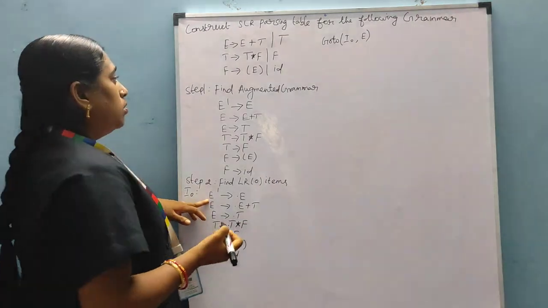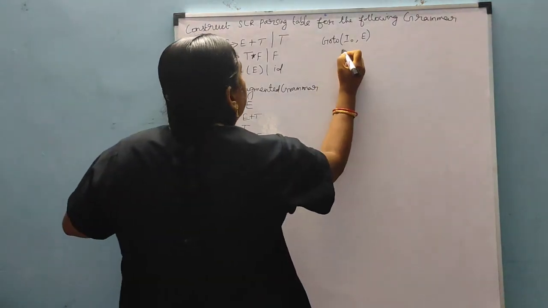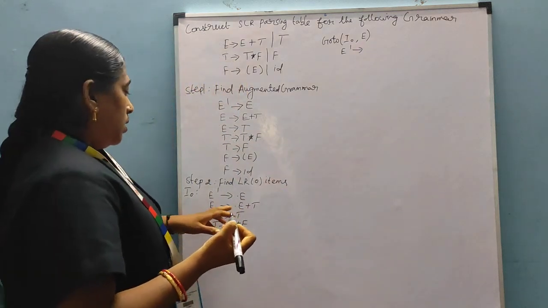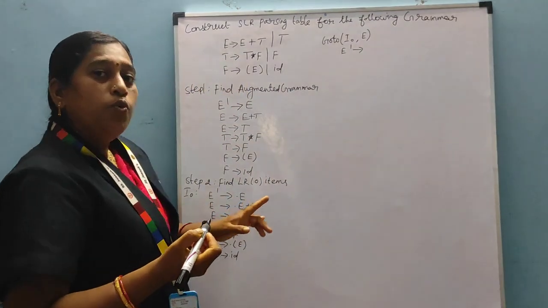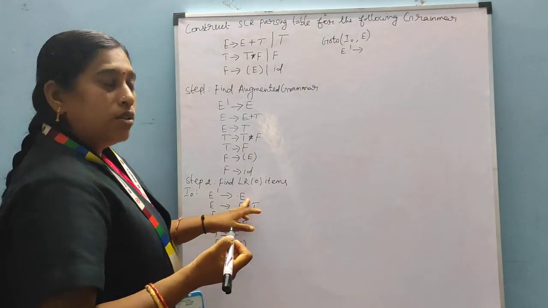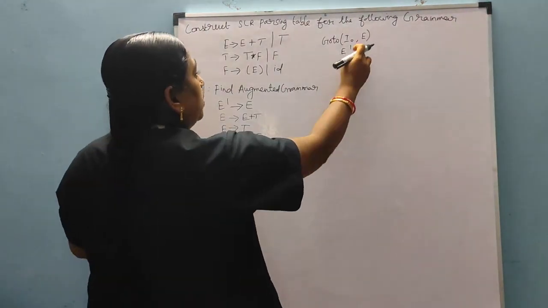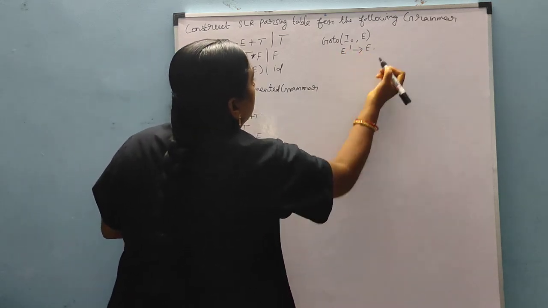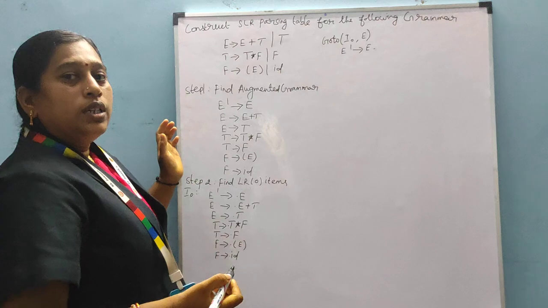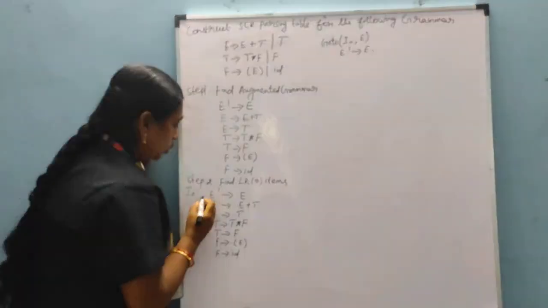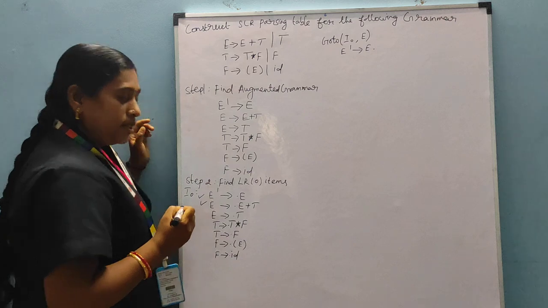Okay. So now the result is E dash tends to, so each time only one movement is allowed. So I am shifting this dot to here, so that I am writing E dash tends to E dot. Likewise, for the non-terminal E, two productions are present, right?